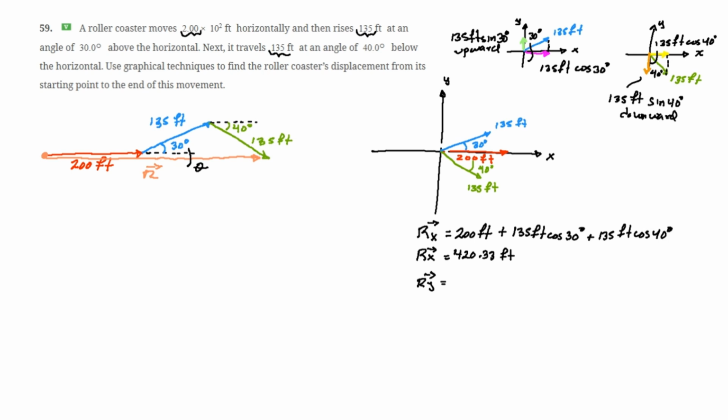So when you find r sub y, we are taking the one pointing outward as positive. I say this is 135 feet sine of 30 degrees minus 135 feet sine of 40 degrees.